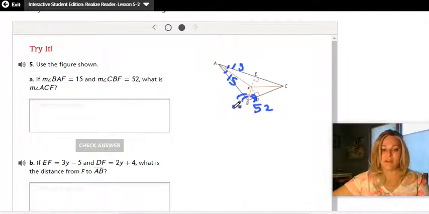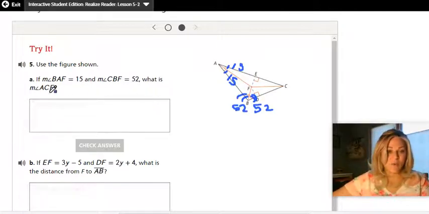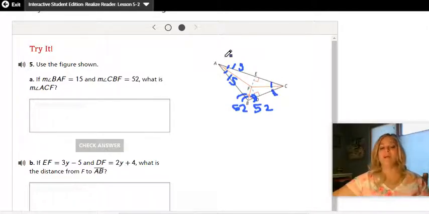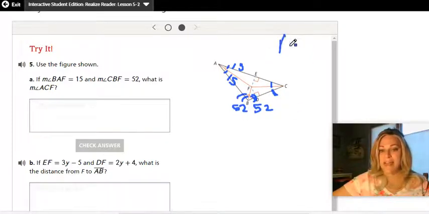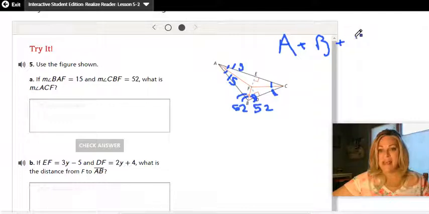Hopefully you know what you know about triangles: all the angles in a triangle add up to 180 by the triangle sum. The question is, what is angle ACF? Whatever this is, this will be the same. If you had all 3 angles in a triangle, the measure of angle A plus angle B plus angle C, the whole big angles, should equal 180.